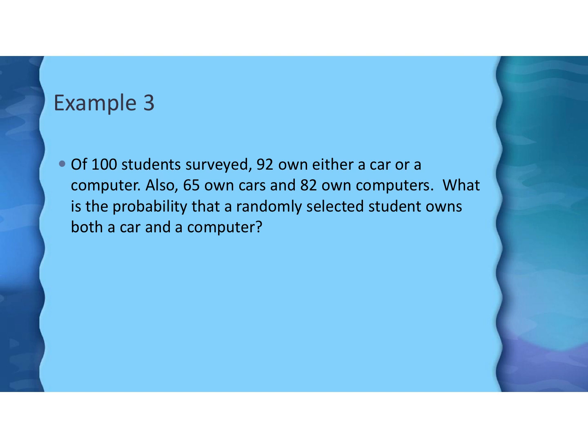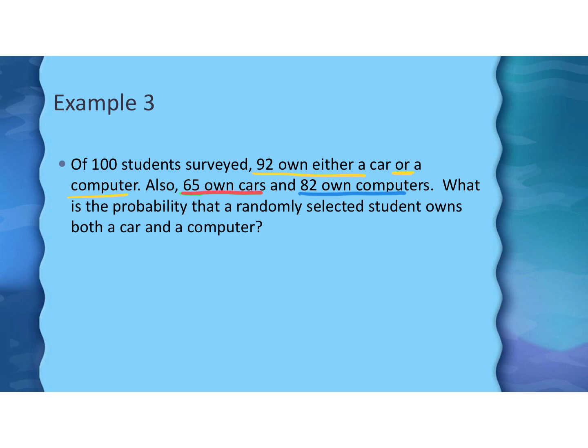Okay, so the last example says, of 100 students surveyed, 92 either own a car or a computer. 65 own cars. 82 own computers.